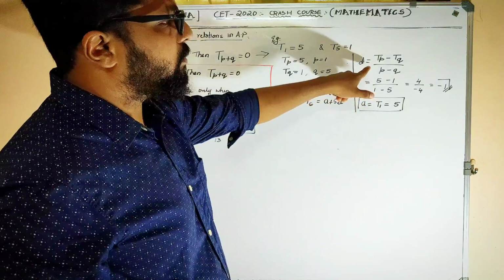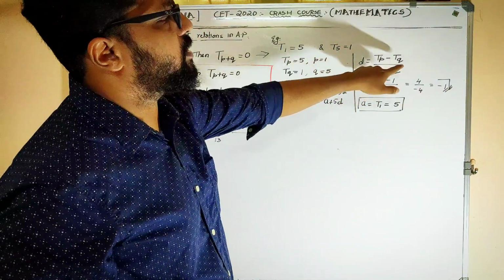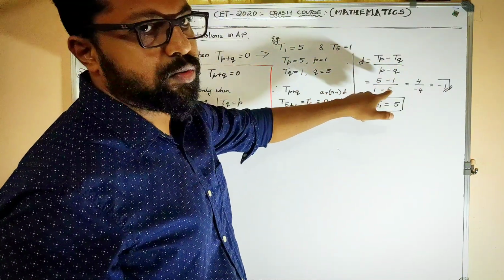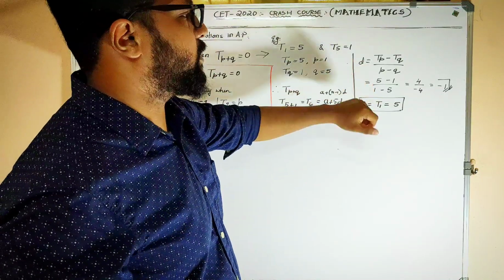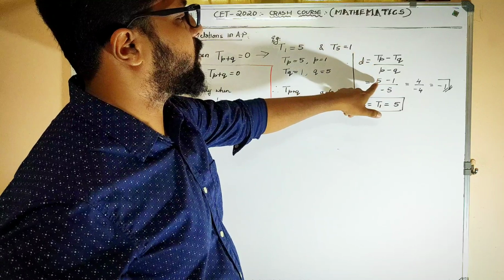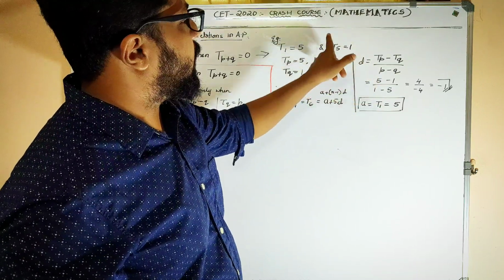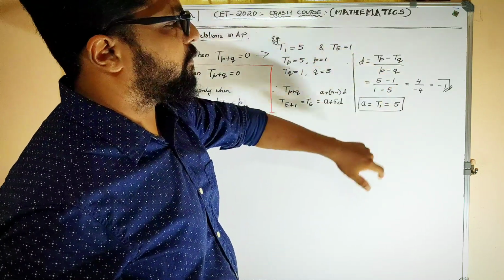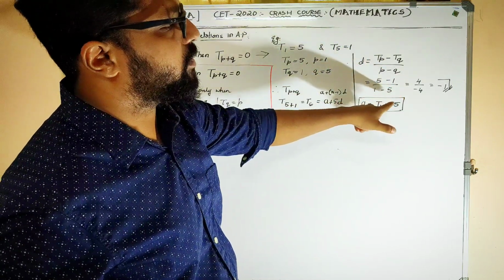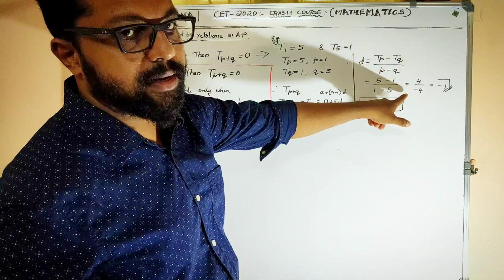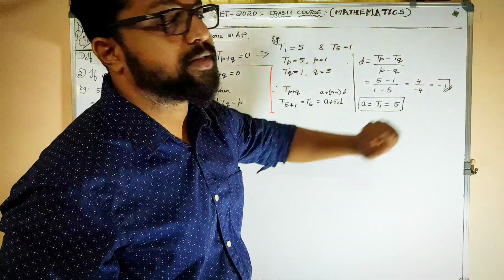I hope you remember the formula from the previous video: Tp minus Tq divided by P minus Q is nothing but the common difference. With Tp as T1 and Tq as T5, and P minus Q as 1 minus 5, it is 5 minus 1 by 1 minus 5, which is 4 by minus 4, so the answer is -1.